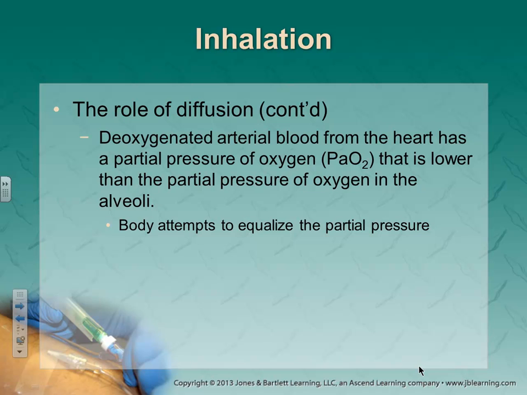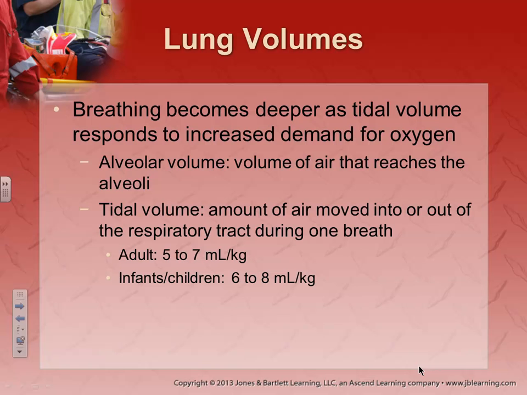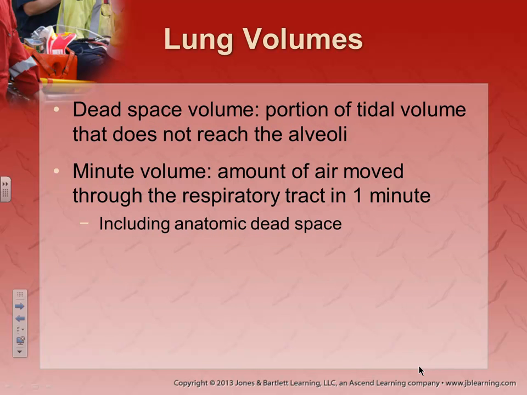Does that make sense? Right now we're breathing 21%. If we give somebody 100% oxygen, it's going to be 100% oxygen. I don't know how to explain it any deeper than that.